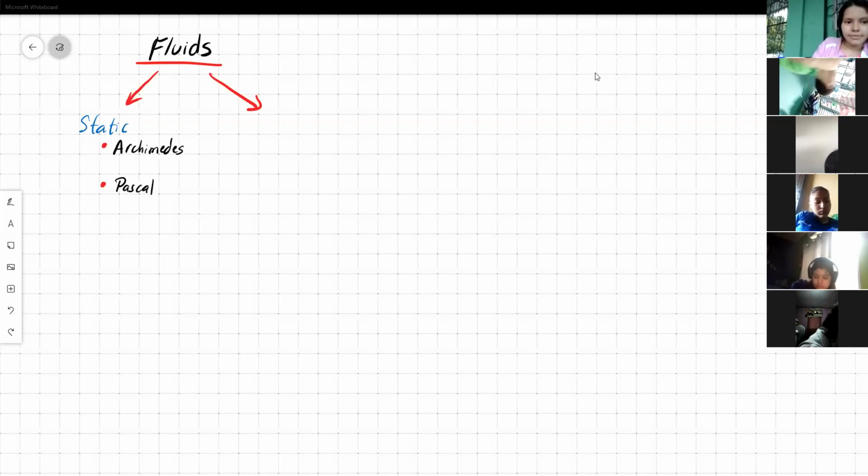But today we're going to start with this one. Fluids in motion, okay? And we're going to start by talking about Bernoulli. So we're going to focus on Bernoulli's principle.